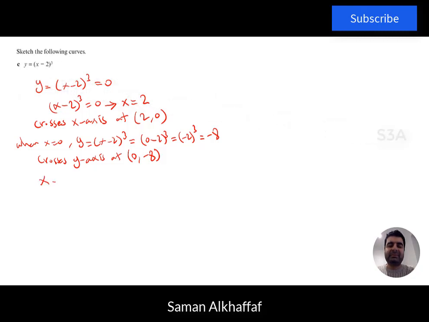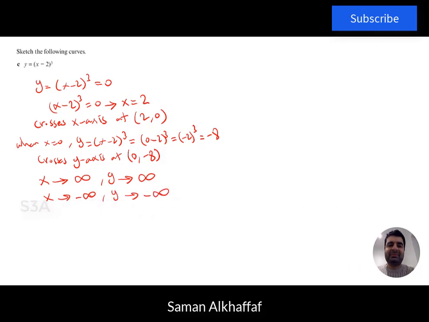And we will have the range in terms of x values. As x moves towards positive infinity, y also will move towards positive infinity, and when x moves towards negative infinity, y also moves towards negative infinity.